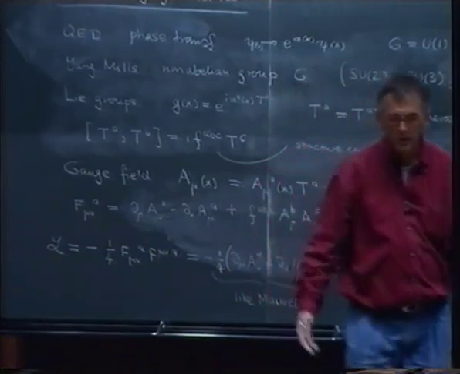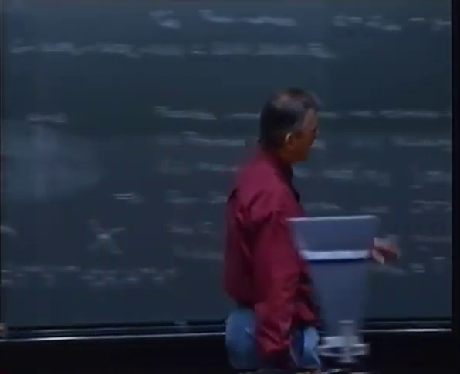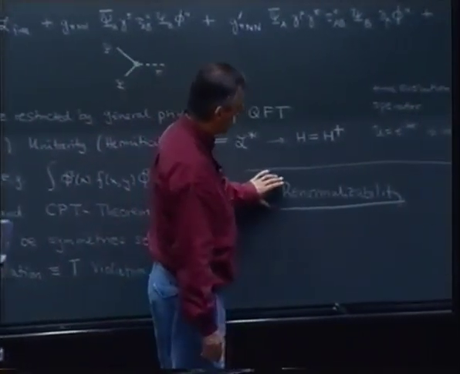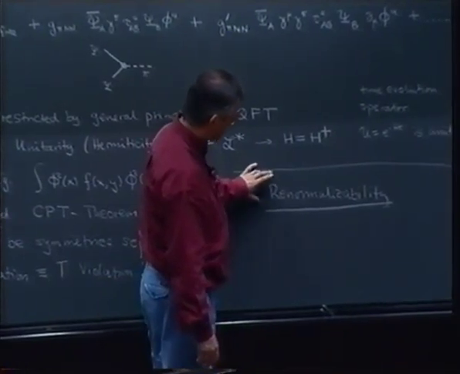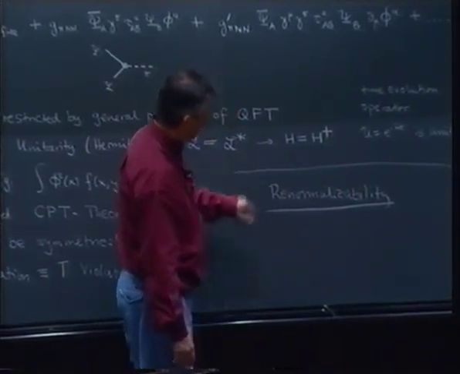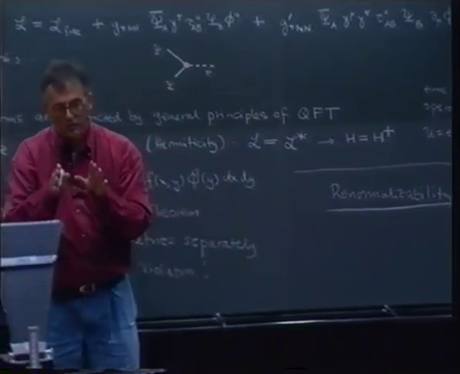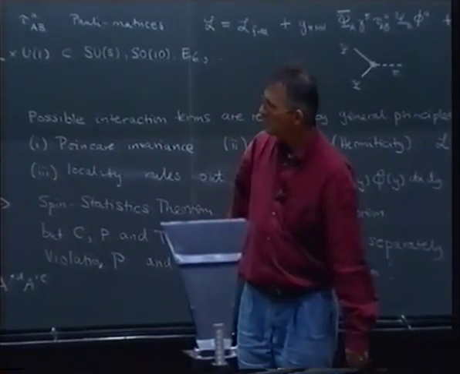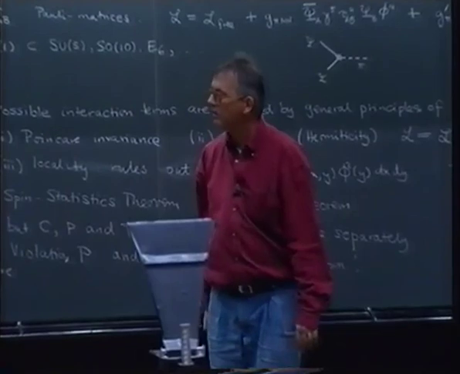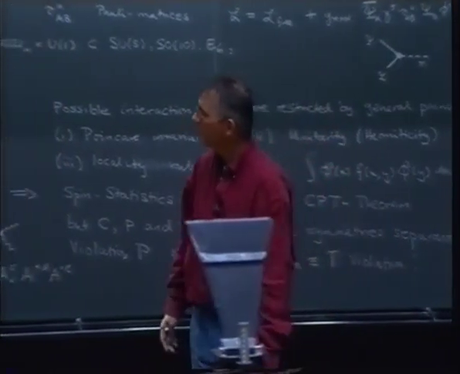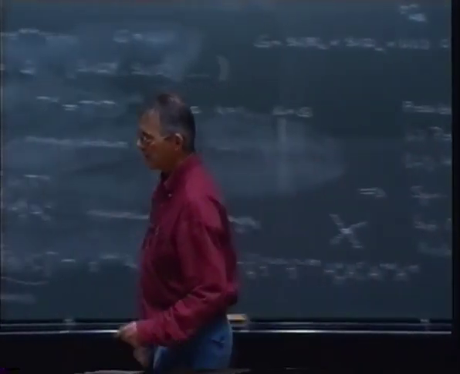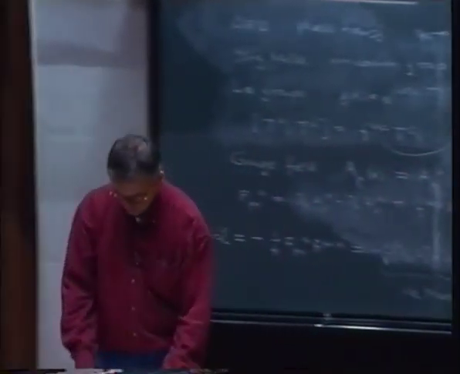And so I would still have infinitely many terms. Now it's this requirement of renormalizability, which I will try to explain tomorrow, at least in principle, which forces the number of possibilities to be even less than the symmetry by itself allows. Okay, so I'll stop here.